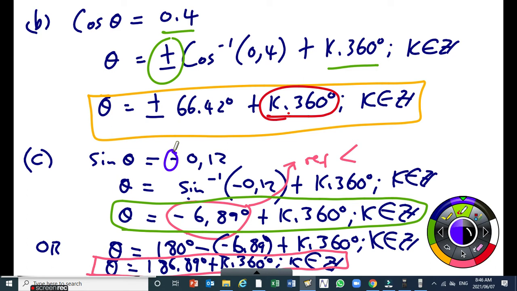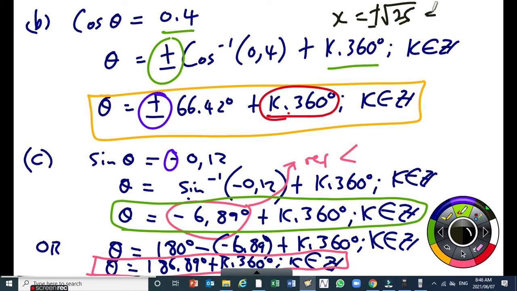So for cos, you don't need to do the second one, you just need to do the first one. By now I hope you know that this means we have got two. It's like, for example, if I ask you to find the square root of, say, 25, if you get an equation like this, x is equal to plus or minus the square root of 25.